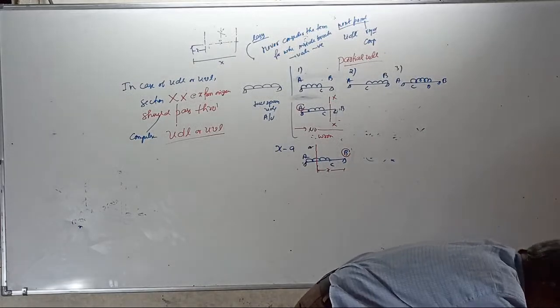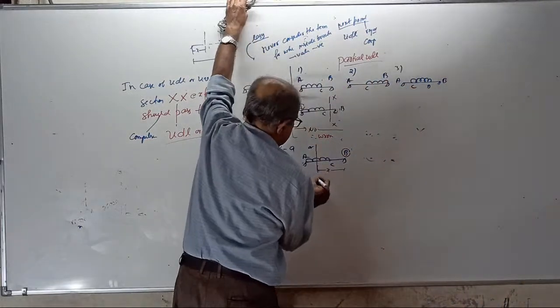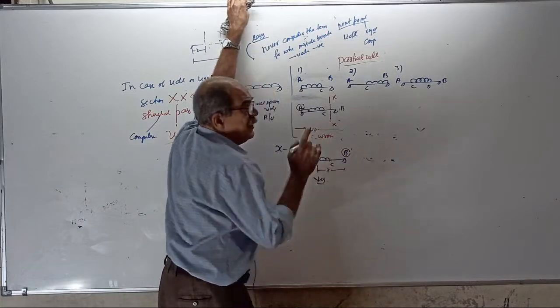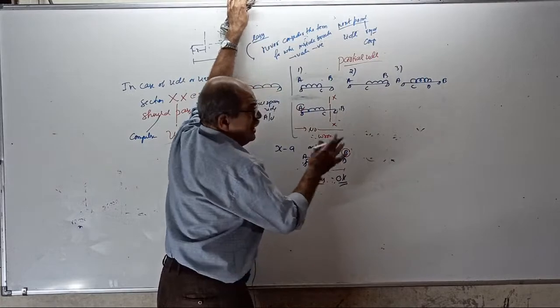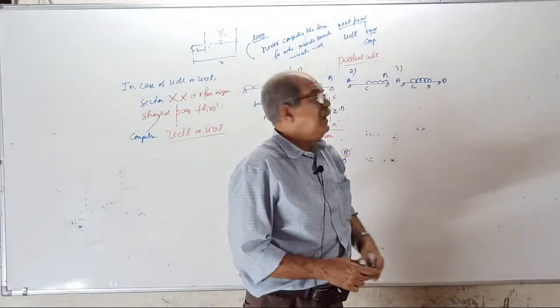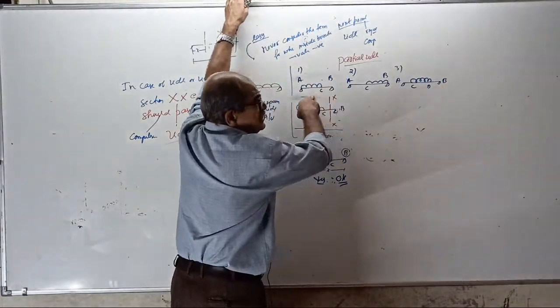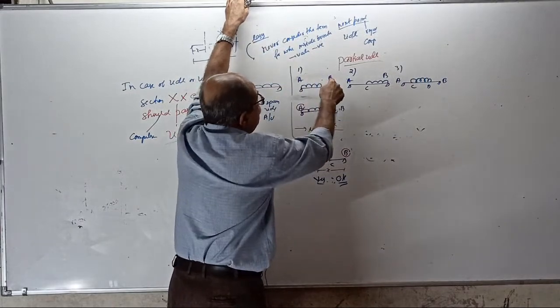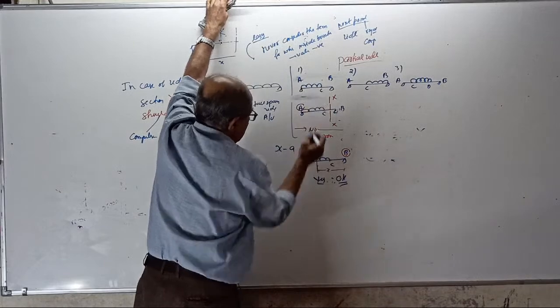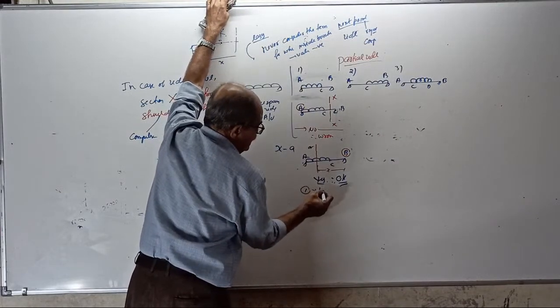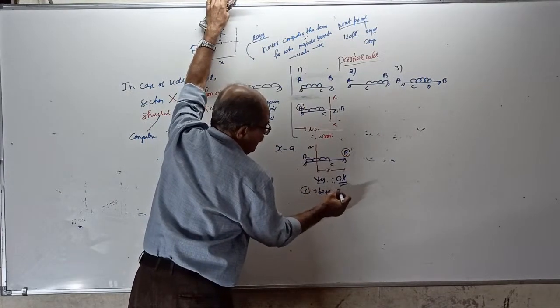Is it passing through? Yes. It is passing through UDL. Therefore, okay. Therefore, for this question number 1, the best option is B origin.